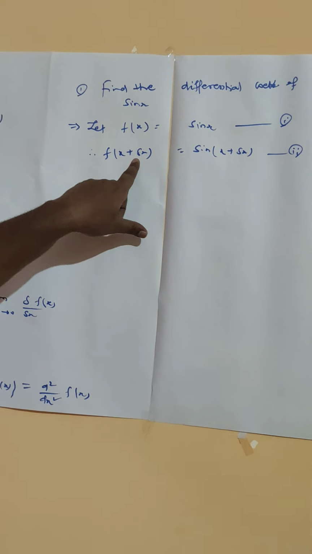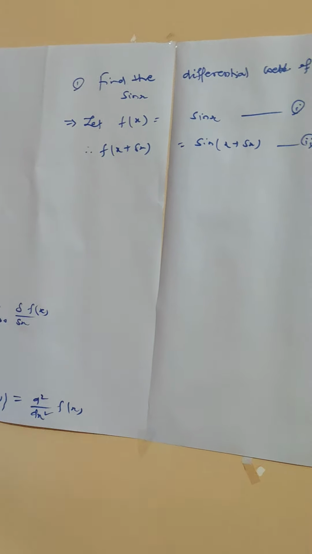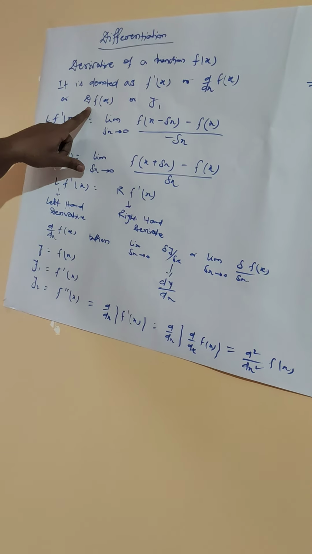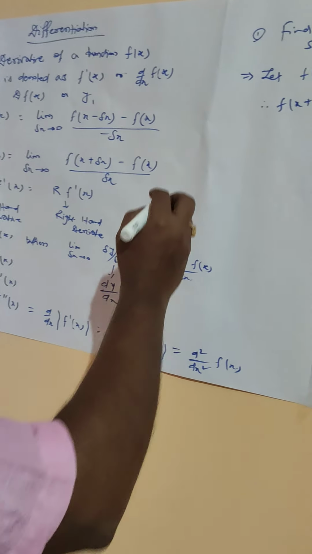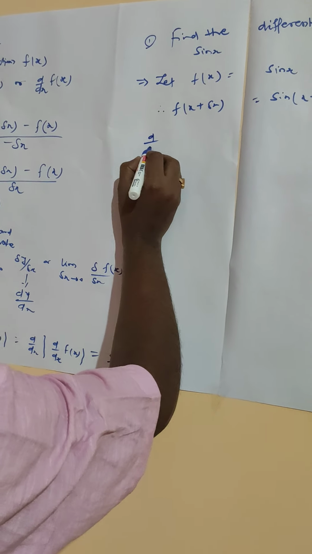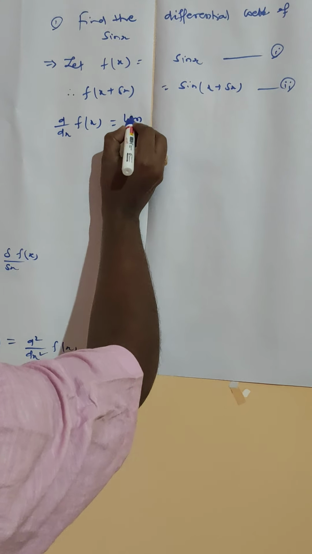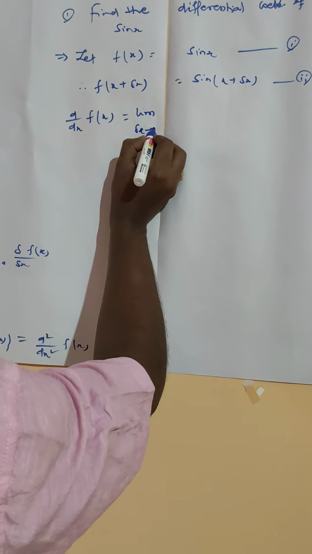Here delta x is the small increment in x. By the definition of the derivative, d by dx of f of x equals the limit as delta x tends to 0.